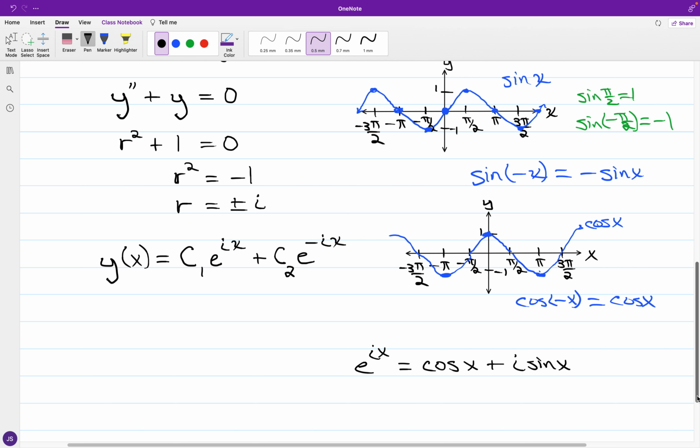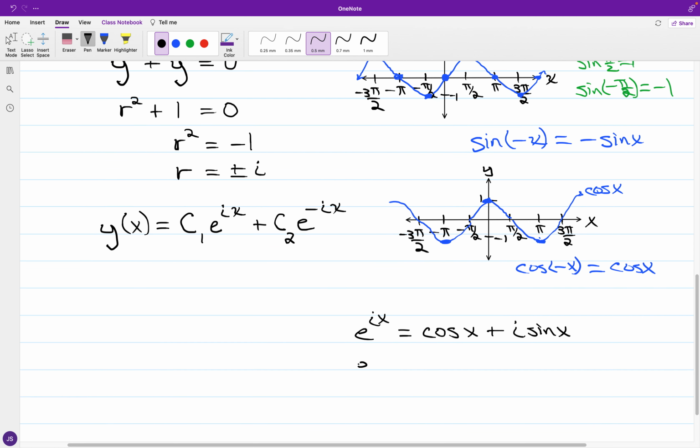Now for e to the negative ix, we can say we have e to the i times negative x.